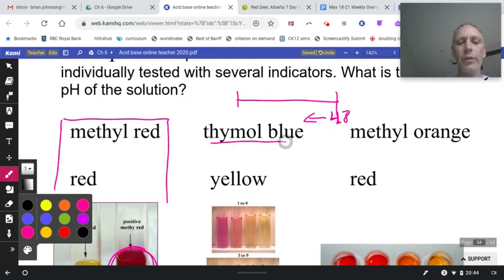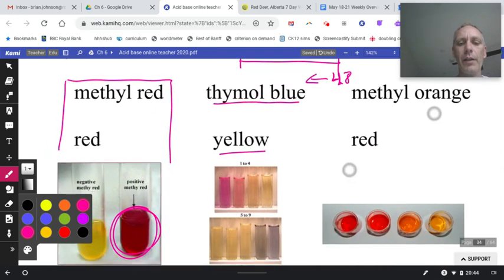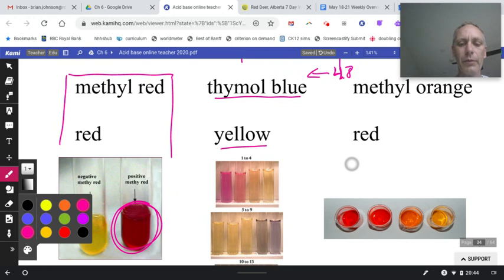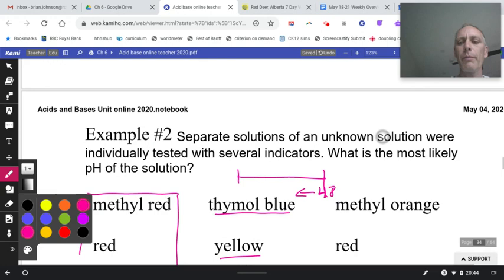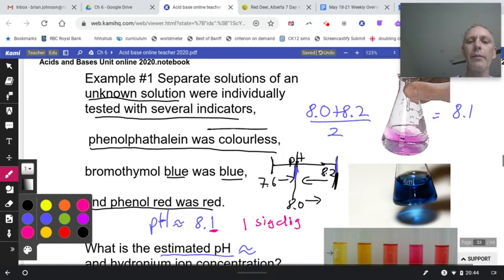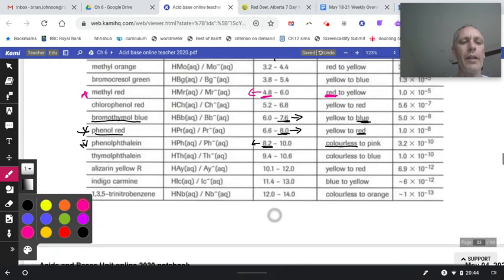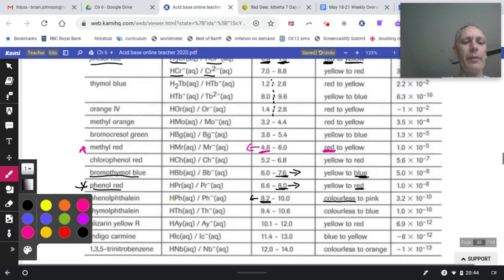Okay, next one. Thymol blue is yellow. So here's our thymol blue, and it's on the yellow side. Let's go look up thymol blue. You can look on your own acid-base table if you want. Here's thymol blue. It's yellow below 8 and stays yellow above 2.8. So above 2.8 and below 8.